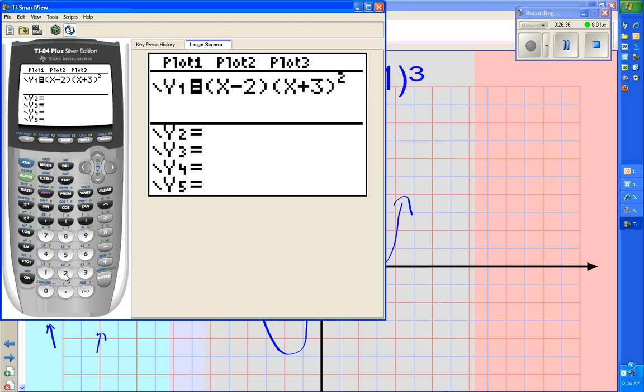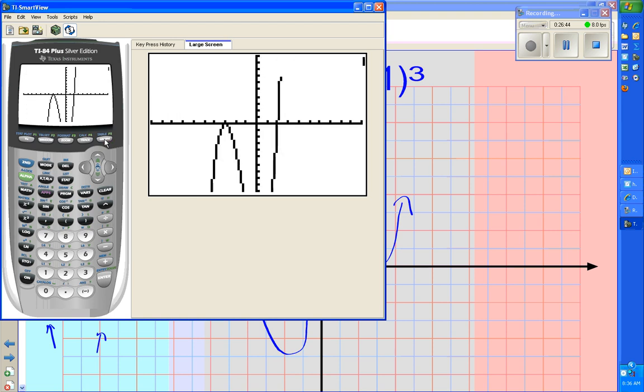Okay? x minus 2 times x plus 3 squared. And when we graph that, you had a double root at -3 and a single root at 2. So your graph comes up, goes down, back up. Okay? Double and a single, it's a cubic.